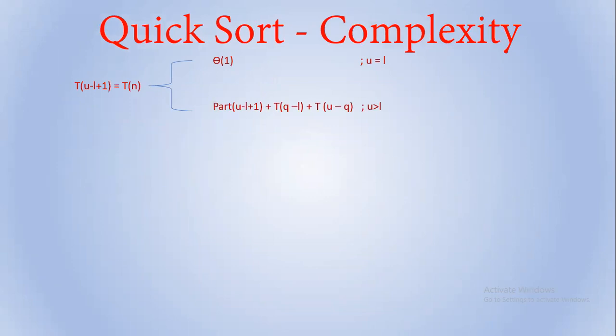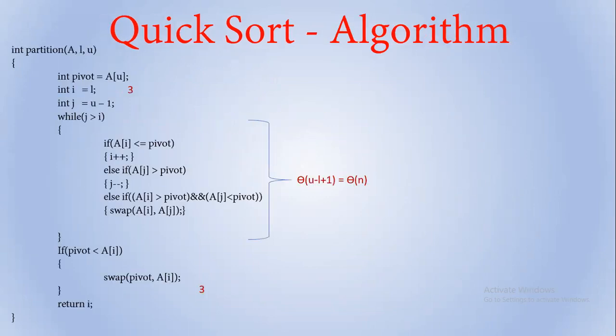So if I show you the partition algorithm, I said that the pivot will be equal to the last element, I will be equal to the index of the first element, and J will be equal to the index of the element before the last. Now we are going inside this while loop. First, we check whether AI is less than or equal to pivot.